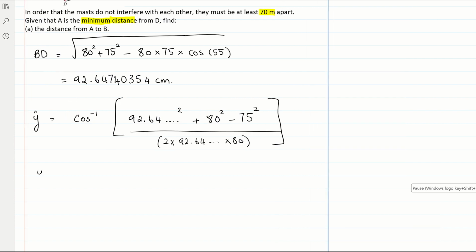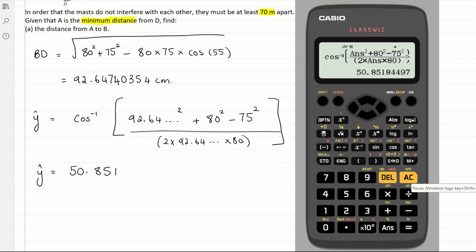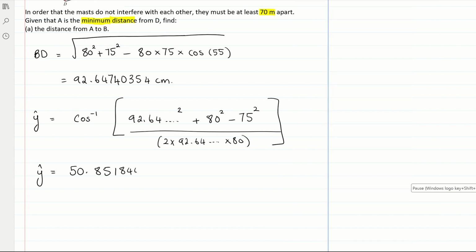Y is 50.85184497 degrees. Don't round. I'm using the answer squared and answer button here.